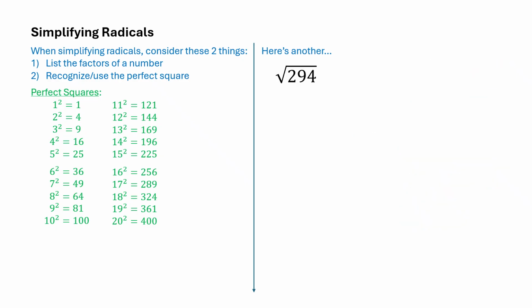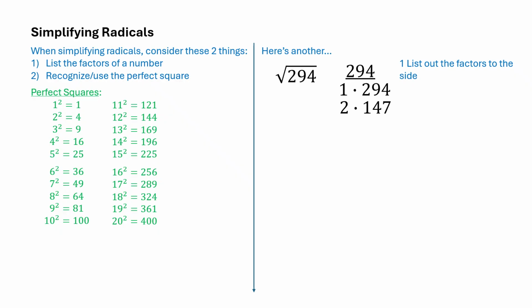Here's a bigger number, 294. Well, let's get cracking on these factors. 294, 1 times 294. Let's see, 294 is an even number, so I should be able to divide it by 2. 2 times 147, okay.